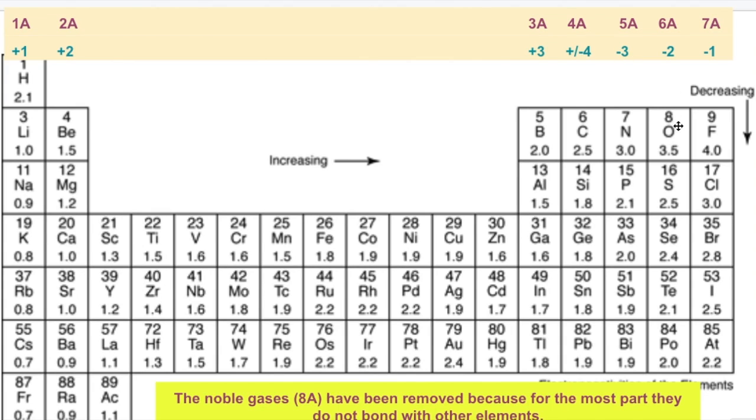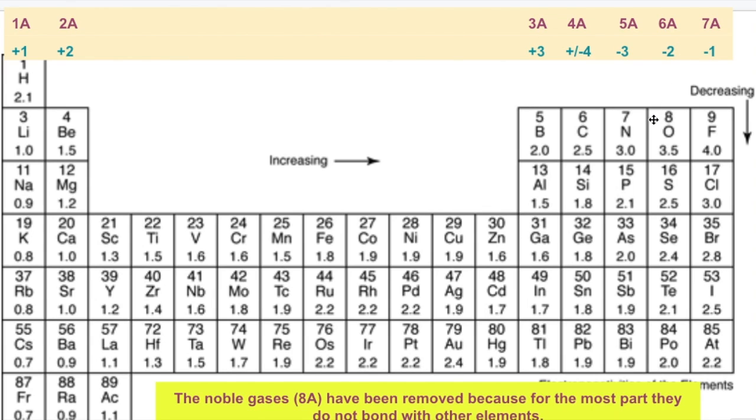So if I was bonding lithium and oxygen, lithium has an oxidation of +1, oxygen has a -2, so in this case we would need 2 lithiums, so that it would be a +2 in total to match the oxygen's -2.